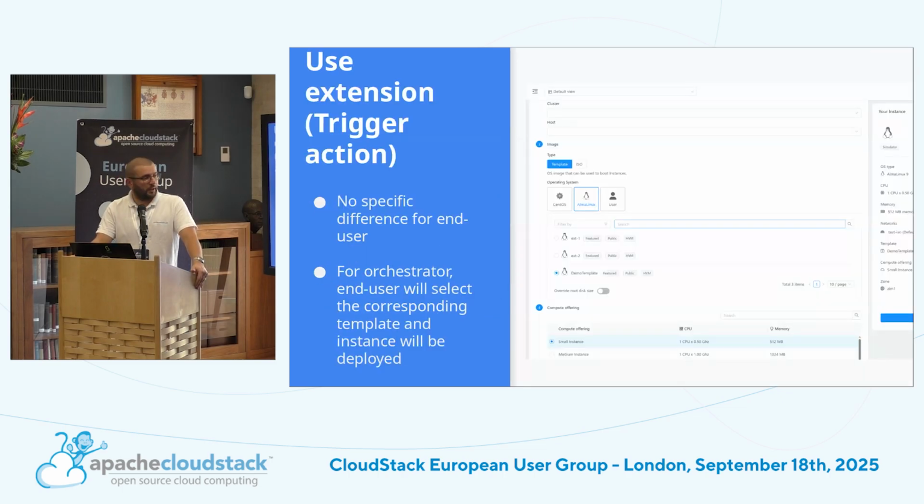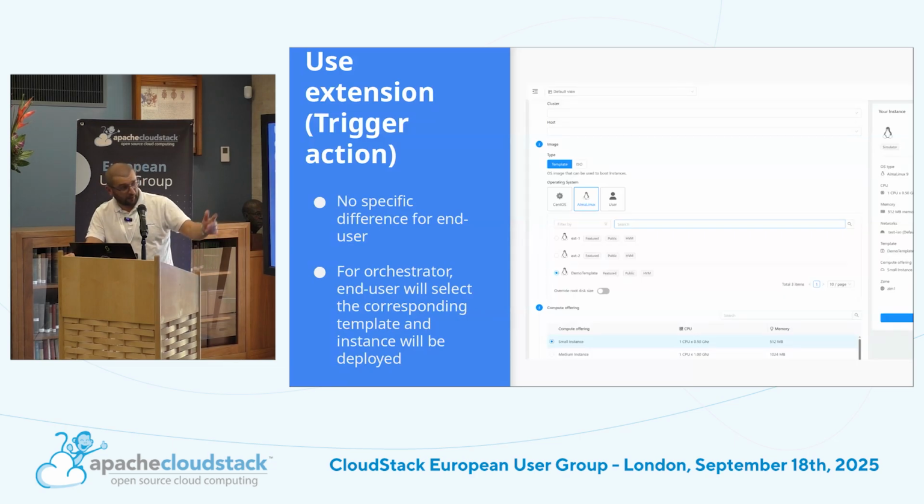In order to trigger an action, the end user doesn't need to do anything special. They just have to choose the right template, in this example, from the list, or ISO from the list, and then CloudStack will know that it needs to use the extension for that particular orchestrator.